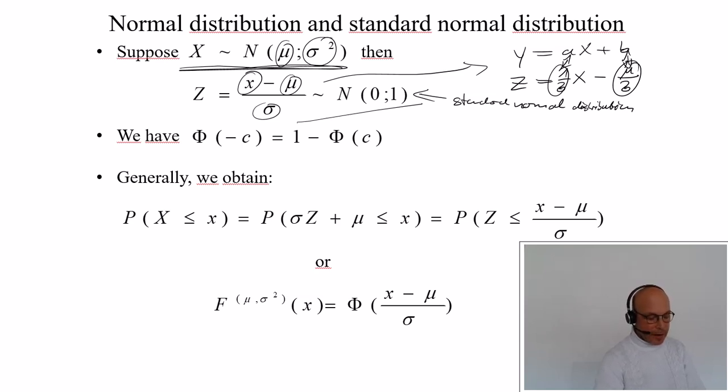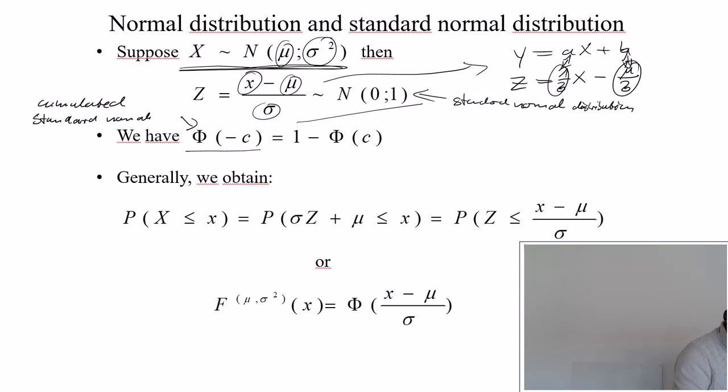And of course, since we are now just fluctuating around 0, this one is the cumulative standard normal distribution function.